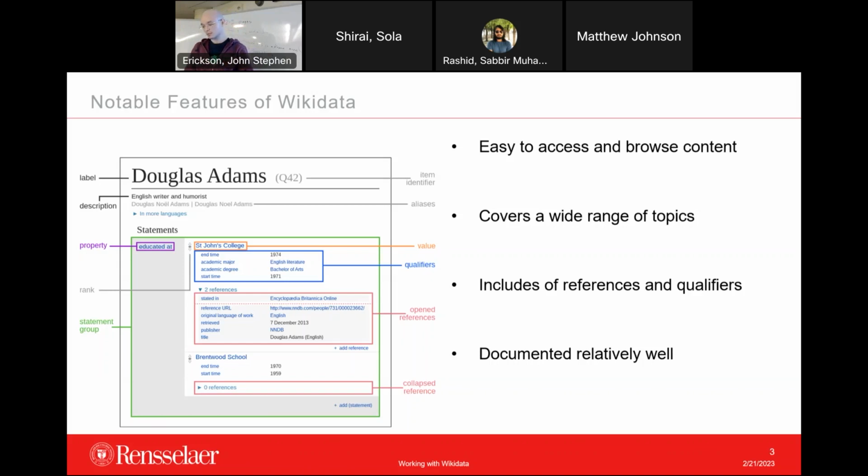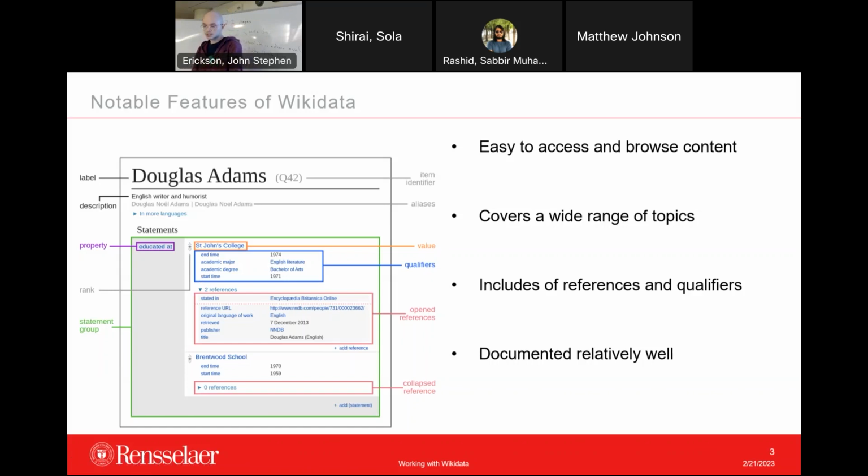And another thing is that much like Wikipedia, statements that are present within Wikidata include references and qualifiers. So in this example here, for these properties, such as how Douglas Adams was educated at St John's College, there are qualifiers such as the start and end time, as well as the major of his education there. And there are also references that point to the source that people used when they entered that information.